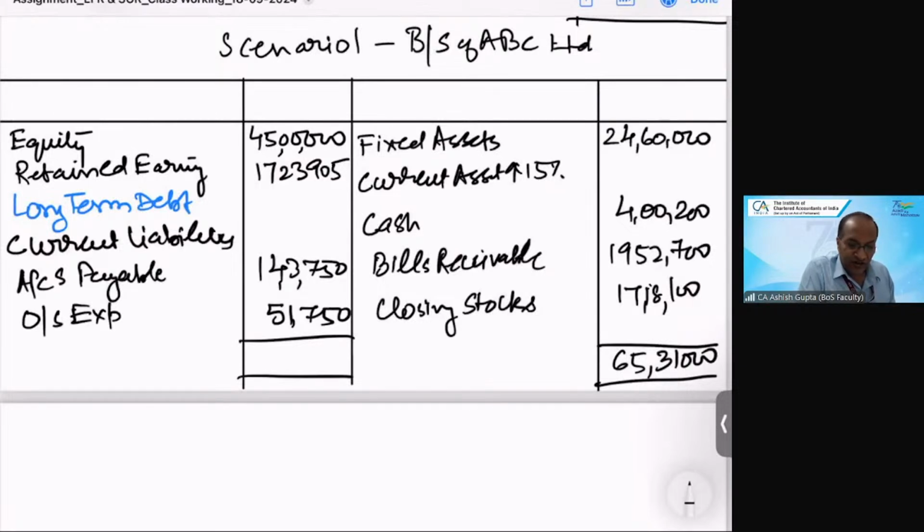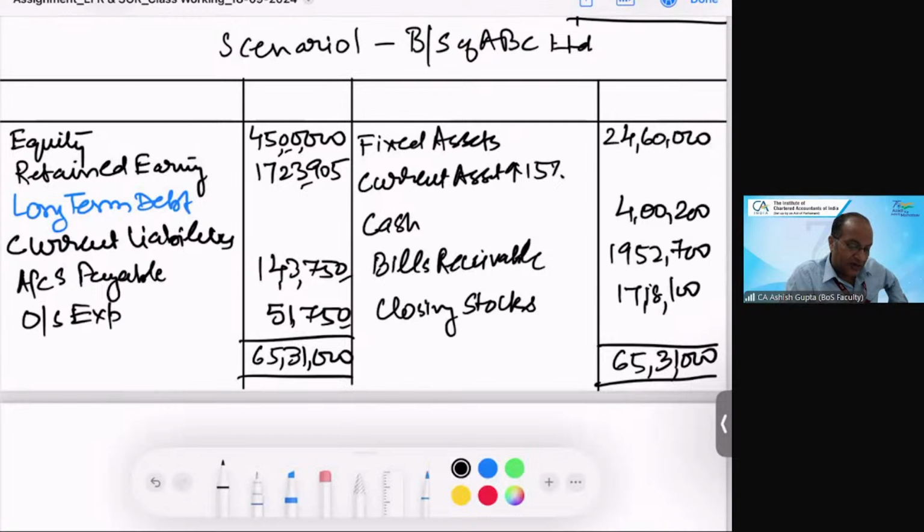Now my balance sheet total here is 65 lakh 31,000. I write this figure. Now this figure is with me, this figure is with me, this figure is with me. Now here I will write the long-term debt as a balancing figure and I will compute this figure. The answer comes 1,11,595.